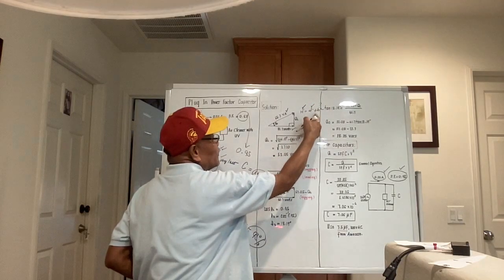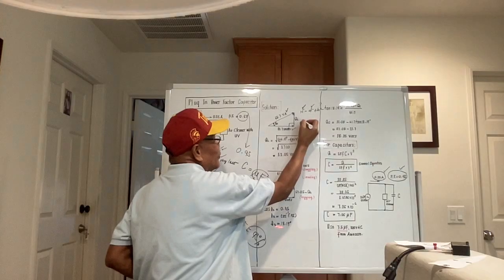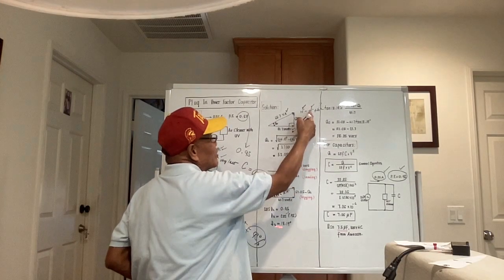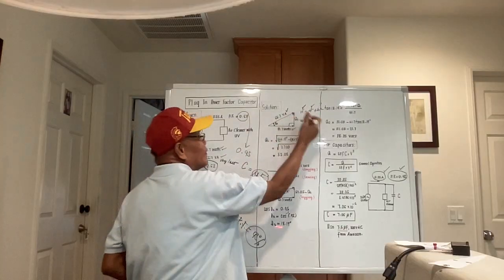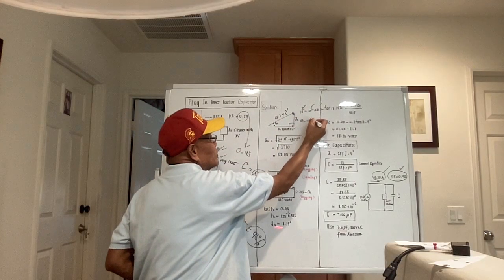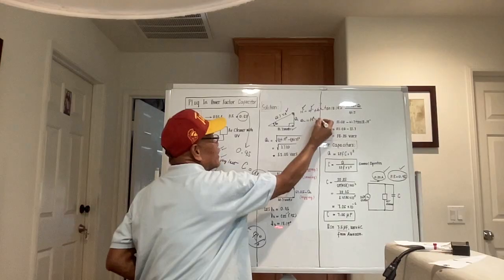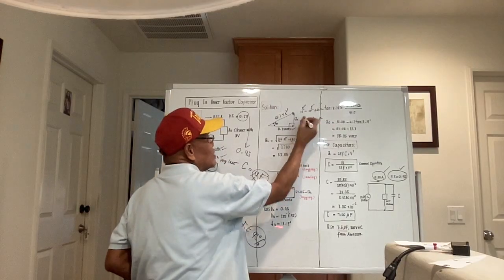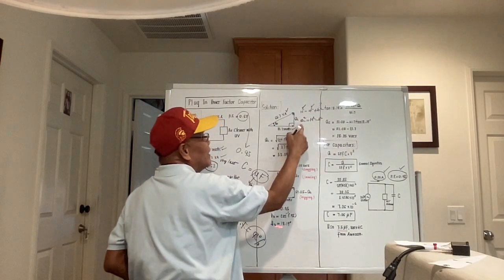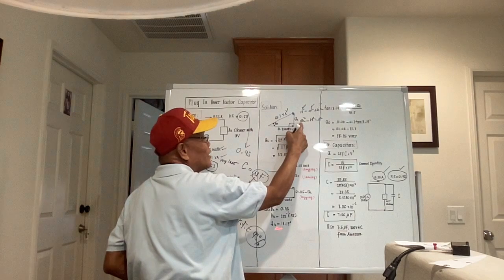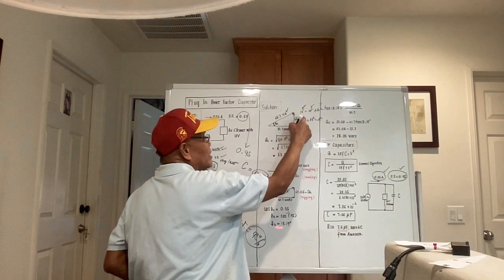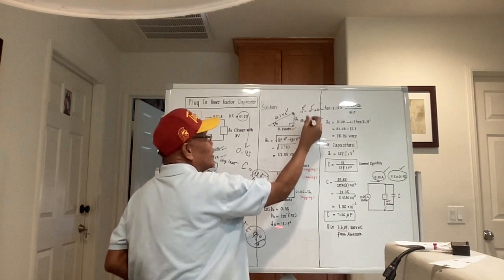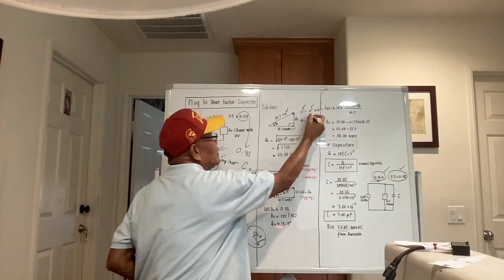So if we compute for Q sub L, we transpose this to the left, so it will now become minus. So hypotenuse square minus B square is Q sub L square. We will compute for Q sub L without this power of 2 here. We'll raise both sides of the equation to the 1/2, so this will become a square root.